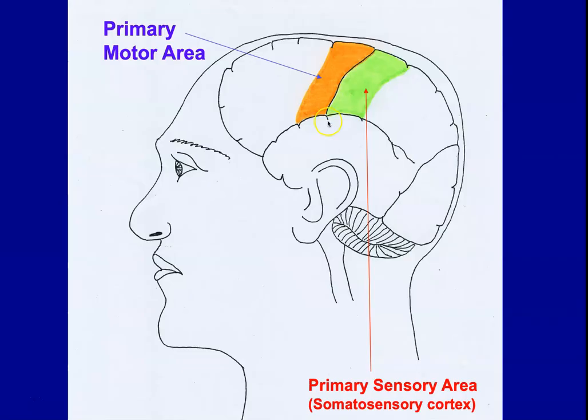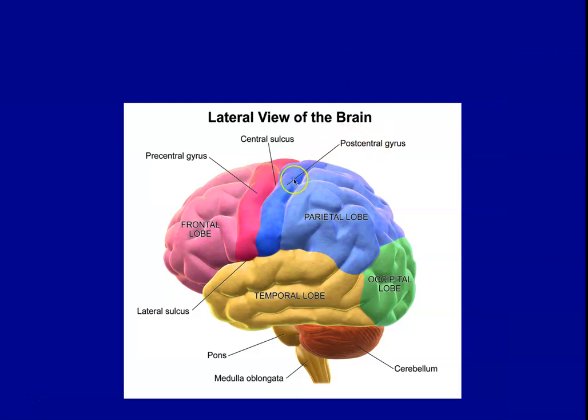If we go back, you'll see that the other name for this is primary motor area or primary motor cortex, and this is primary sensory area or somatosensory cortex or postcentral gyrus. They're all the same thing, different names. And here's our lateral sulcus, there's your frontal lobe, and so on.